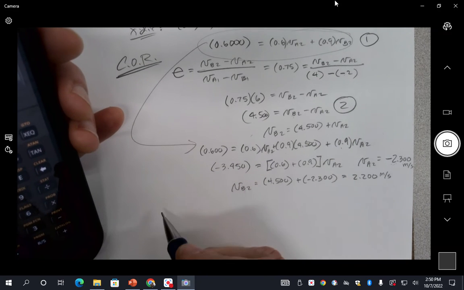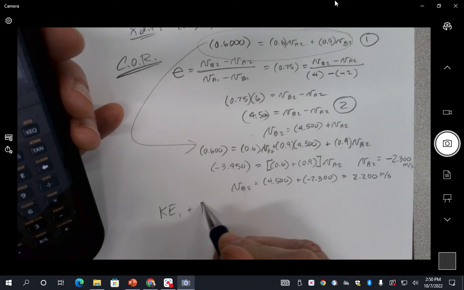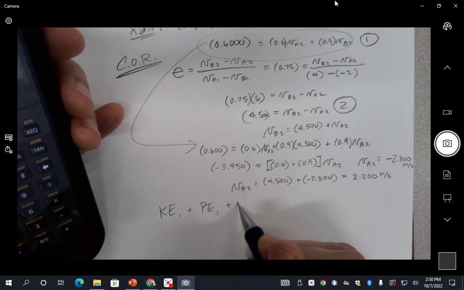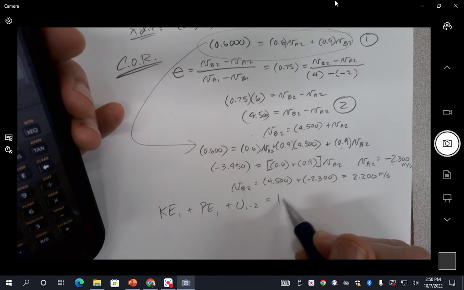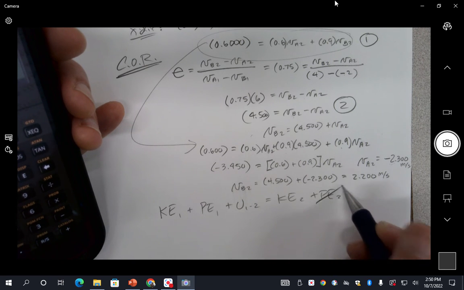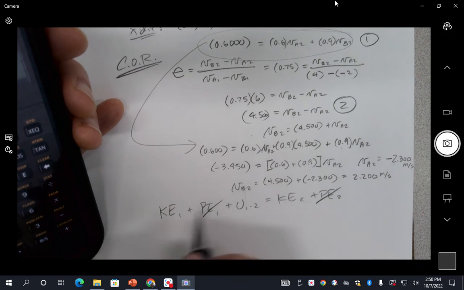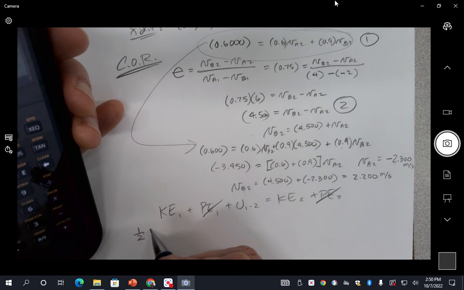And for the kinetic energy, we have KE1 plus PE1 plus U1 to 2 is equal to KE2 plus PE2. There's no potential energy in any of this, but this is going to be the total kinetic energy in here.